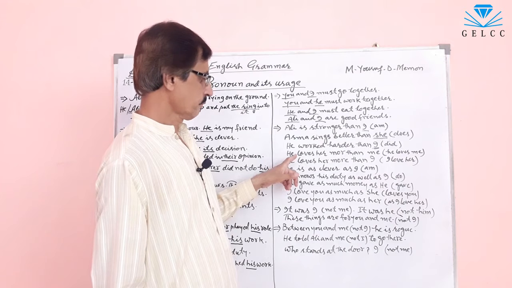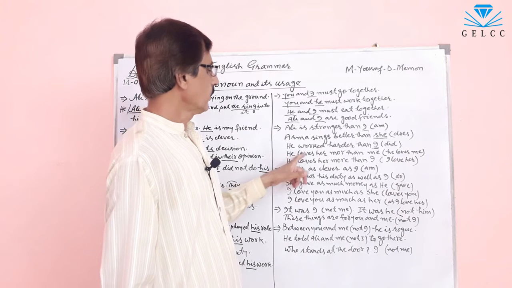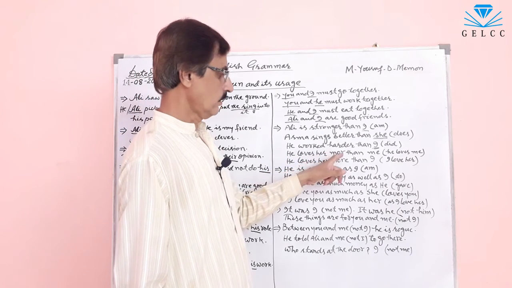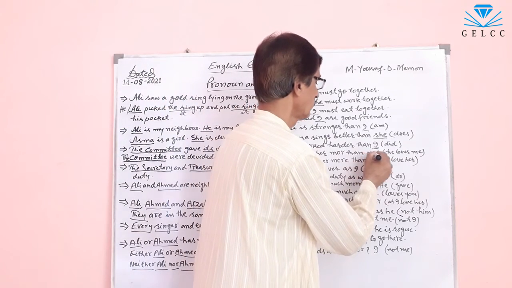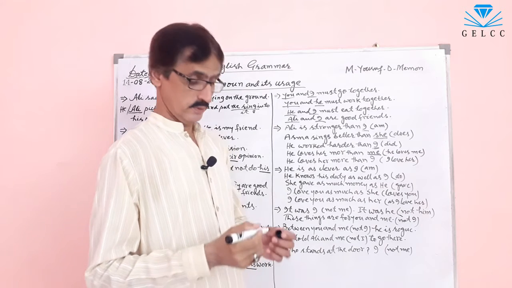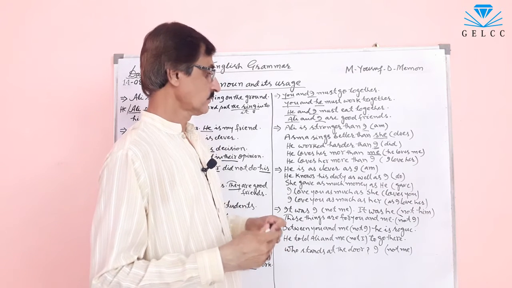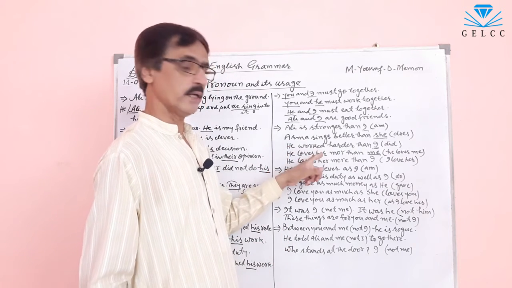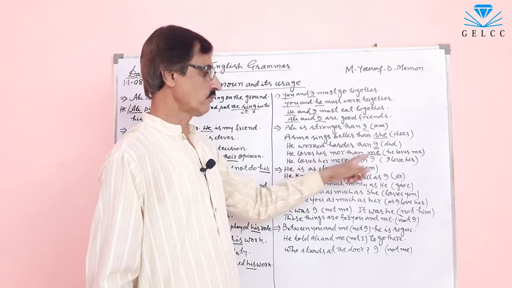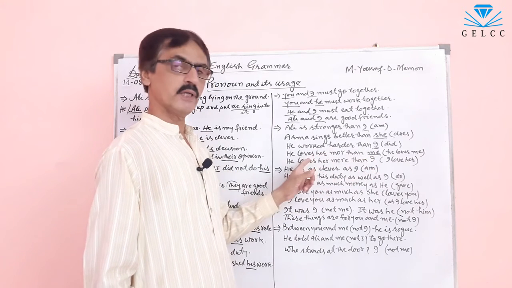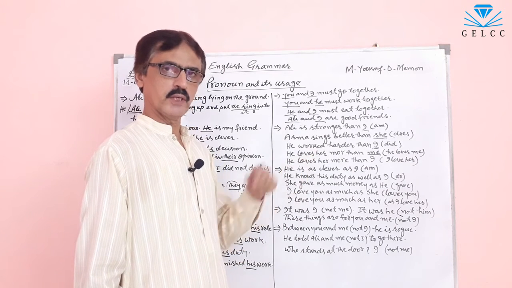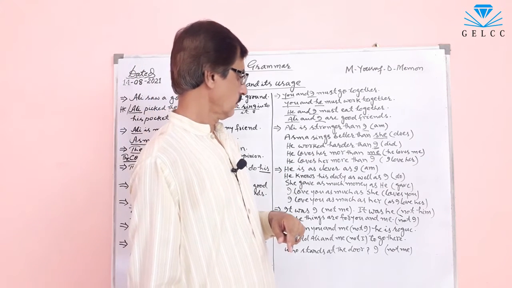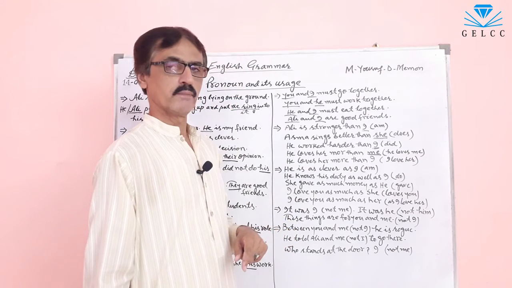Look at this. He loves her more than me. Here me is used because he loves her. Her is objective case. Me will be objective case. He loves her. He loves me. But he loves her more than me.